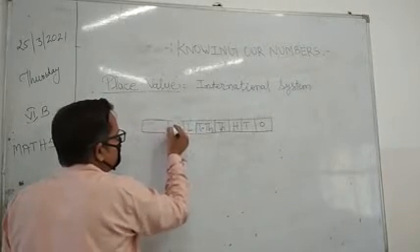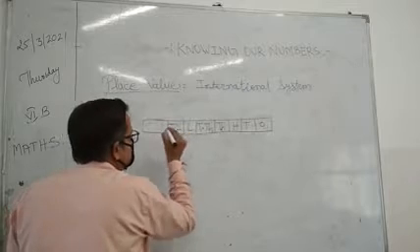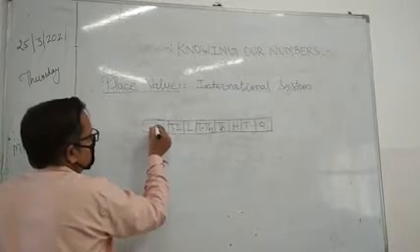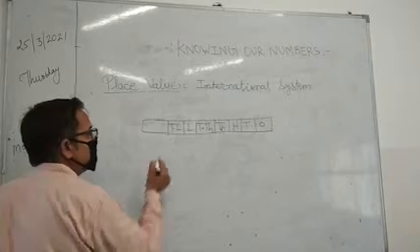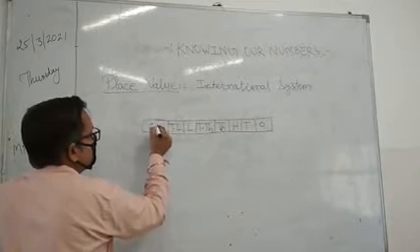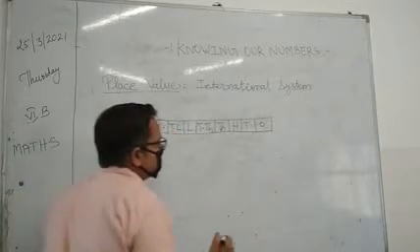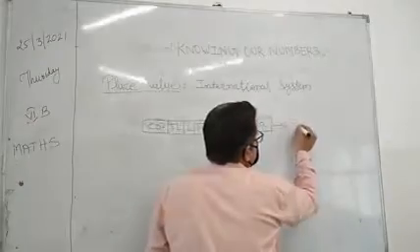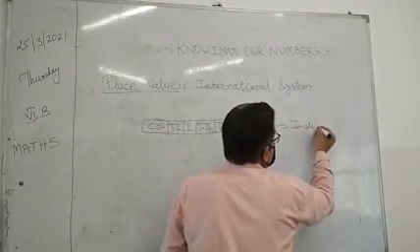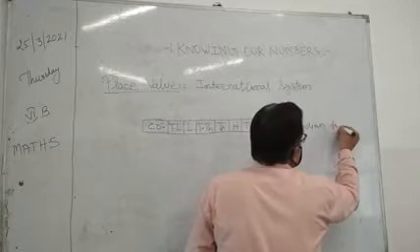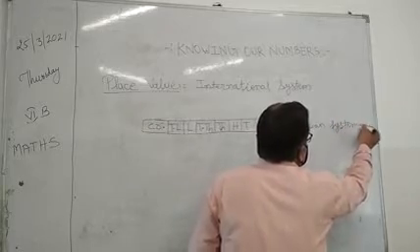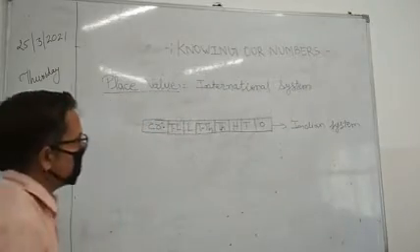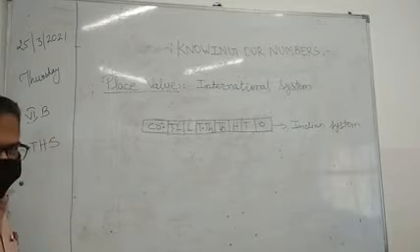After the lakh, lastly, we have not million, but in the Indian system we have crore. This block is representing the Indian system. Okay, beta, this is your Indian system.